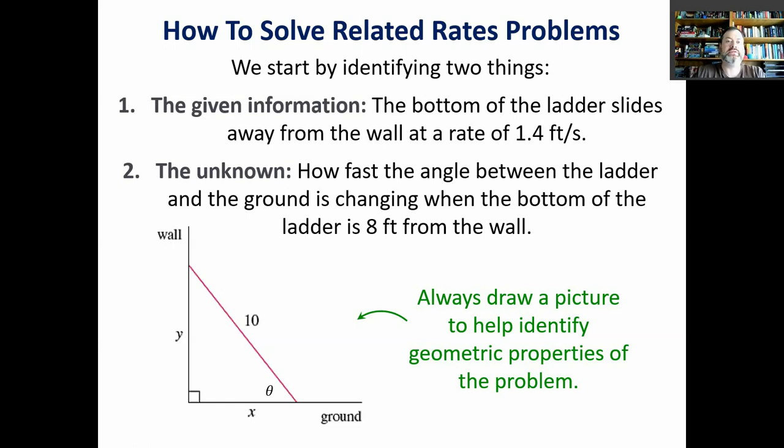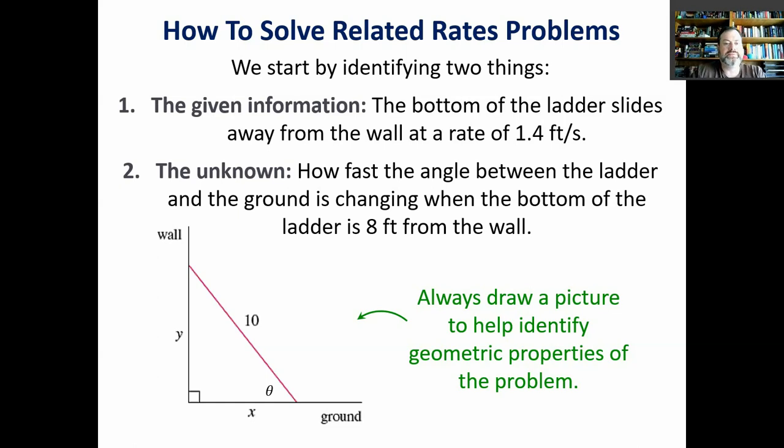As I pointed out in the previous slideshow, the units always tell you what the derivative is. So it's feet per second, so it's going to be distance per time. So time is going to be our independent variable. So it's just going to be dx/dt. Right? So that's what we know. We know the speed that x is moving away.